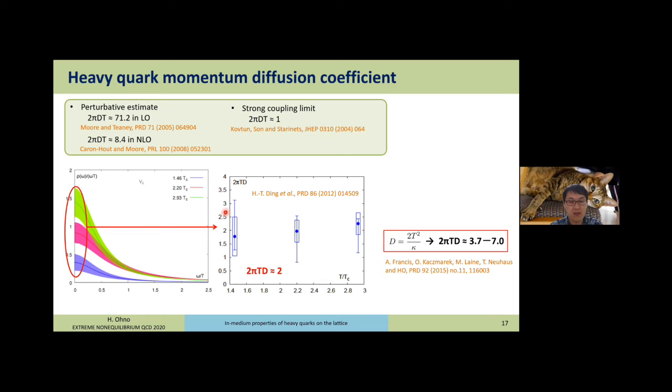Basically, this 2 pi T times D is around 2 at any temperature. Our result is slightly larger than this one, but the order of magnitude is quite similar.